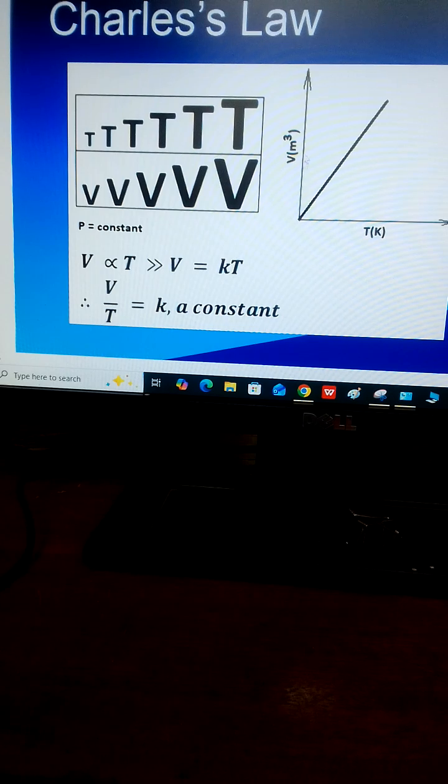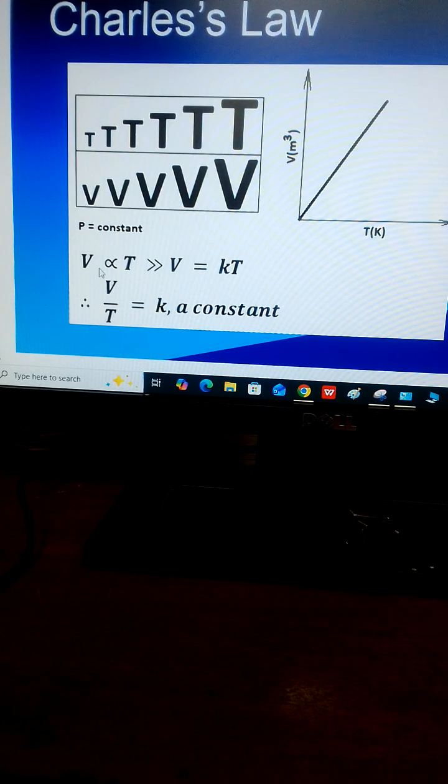This is the y-axis, this is the x-axis. On the y-axis, we have volume in cubic meters, and on the x-axis, we have temperature in kelvins. This is the graph. As volume increases, temperature also increases, and so on. As volume decreases, temperature decreases.